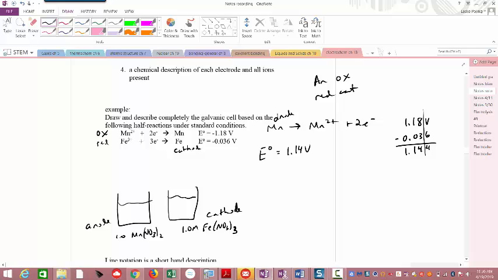Oh, and to balance this equation, we would need to multiply this one by 3, multiply this one by 2. So our overall reaction is 3Mn plus 2Fe3+ gives us 3Mn2+ and 2Fe.